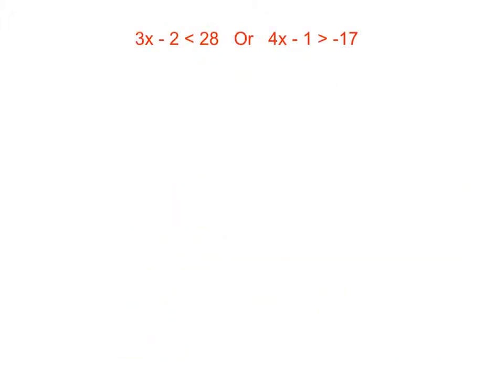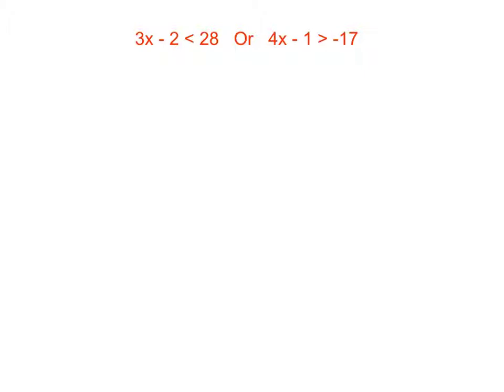When we have compound inequalities using the word "or," we don't have to be as careful as we were when we were working with "and." The reason is when we were talking about "and," we knew we had to find solutions that satisfied both inequalities. When we use the word "or," we're looking for solutions that work in one or the other.